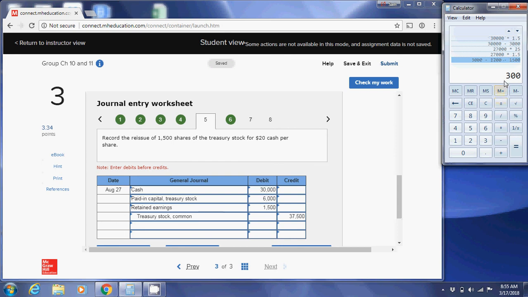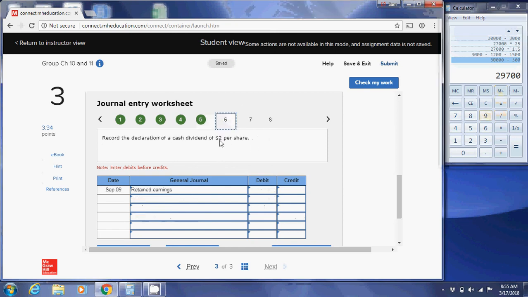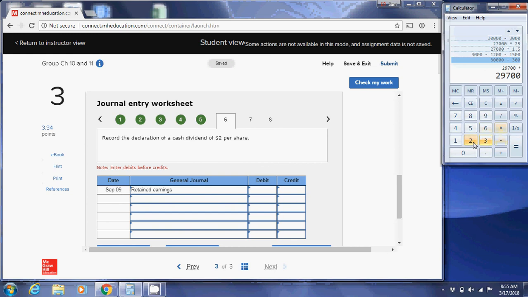And if that's the case, then we're going to take 30,000 minus that 300 shares. We have 29,700 shares still out there because we have 300 in our stockpile at $2 per share. So times 2 means that our dividend is going to be $59,400.